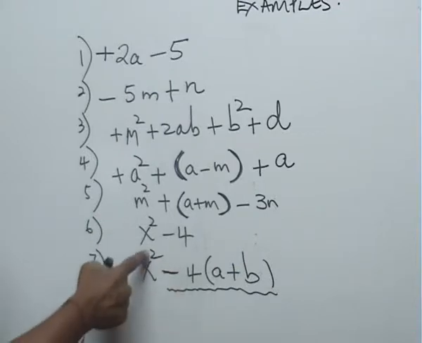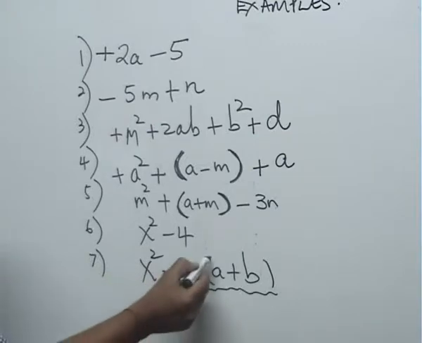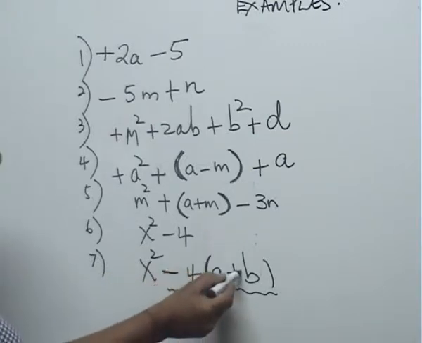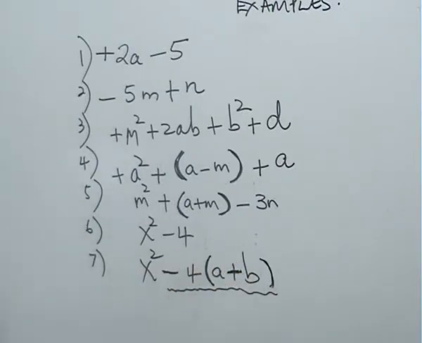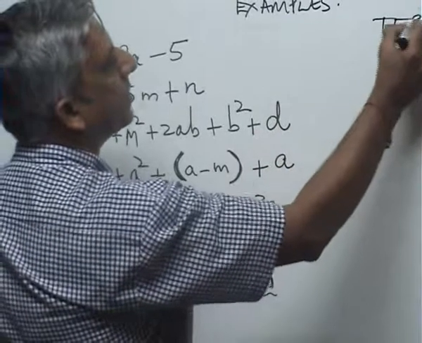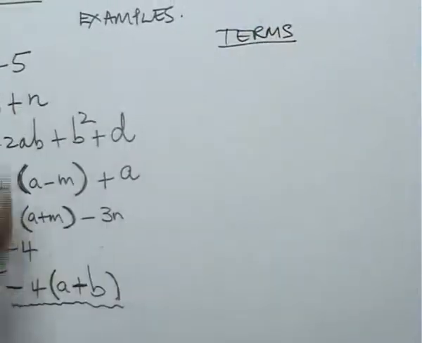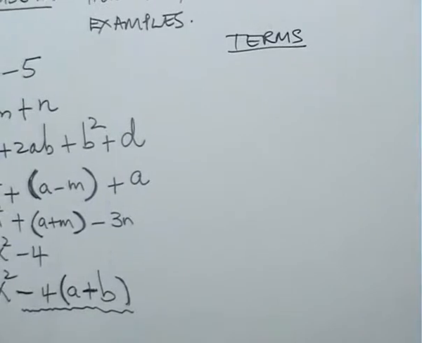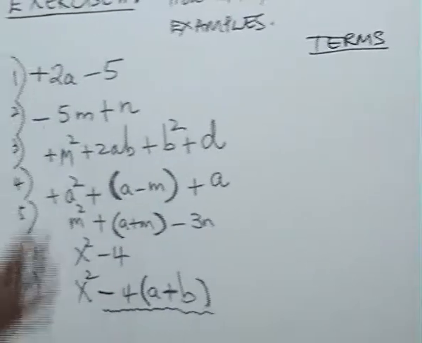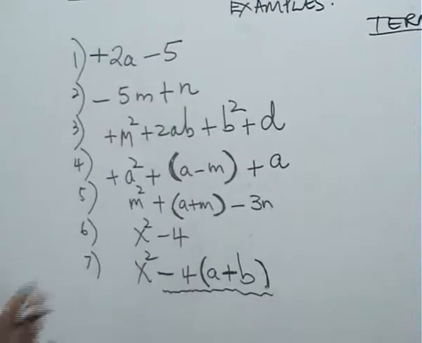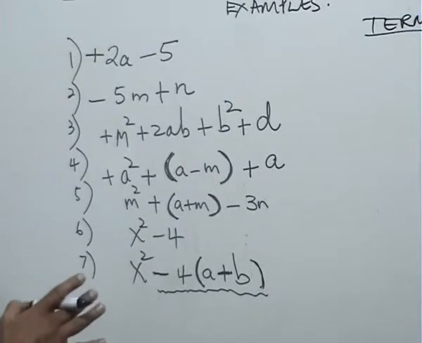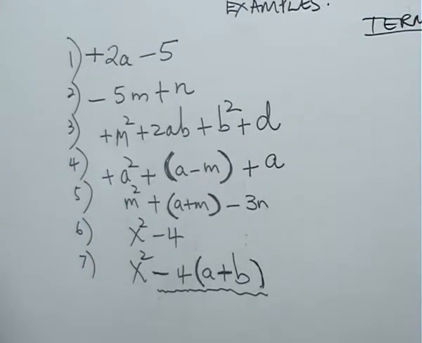Number 7, x squared minus 4, open bracket, a plus b, close bracket. In these examples, you must write down how many terms. So, you can take the questions down and fill in the answers. Now at this stage, take these things down, switch off the DVD, fill in your answers, and once you have completed, we will then supply you with the right answers.